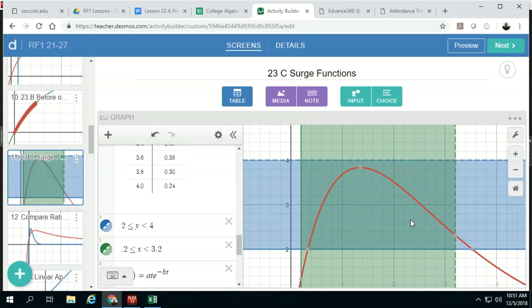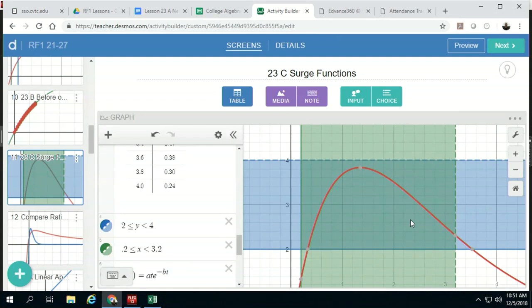It doesn't get too high, correct? But it doesn't start until 0.3 hours, so 18 minutes. It's not effective for 18 minutes. That's not acceptable if you've got a migraine, right? I want relief and I want it now, right?